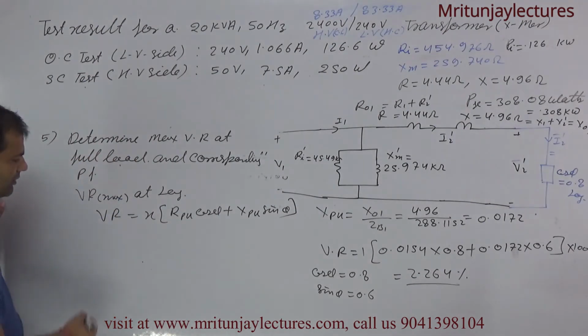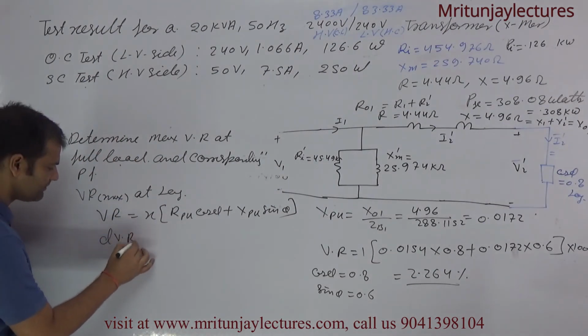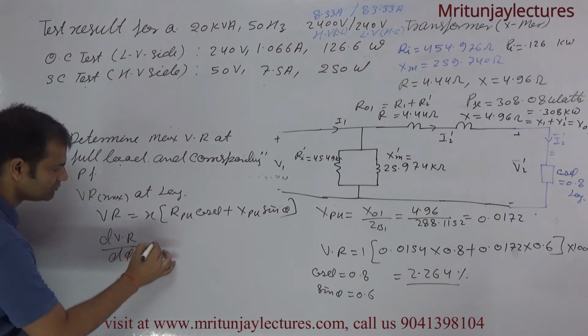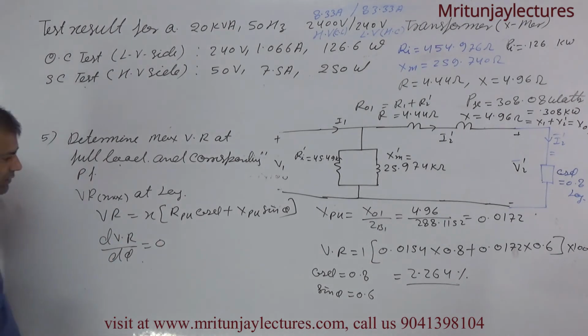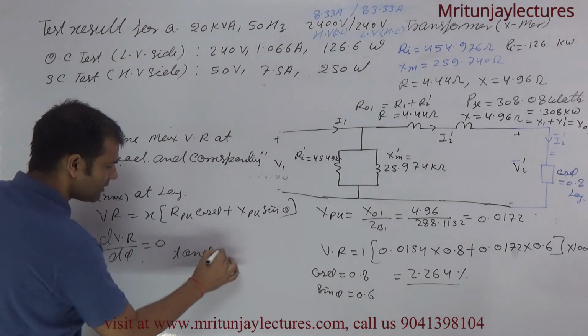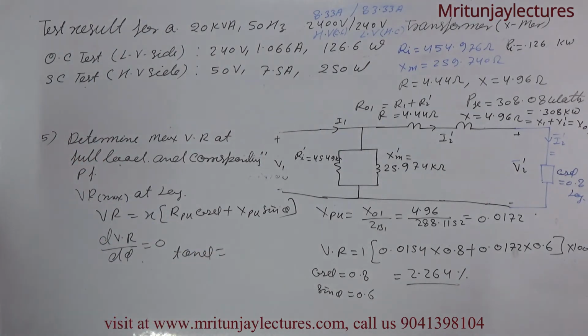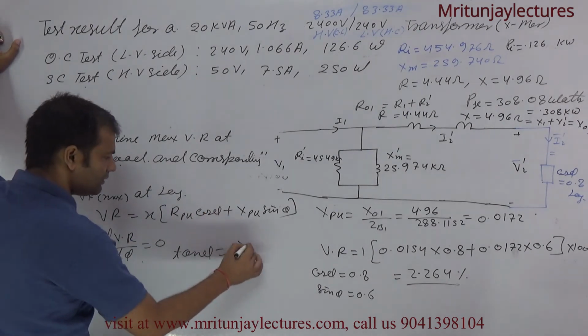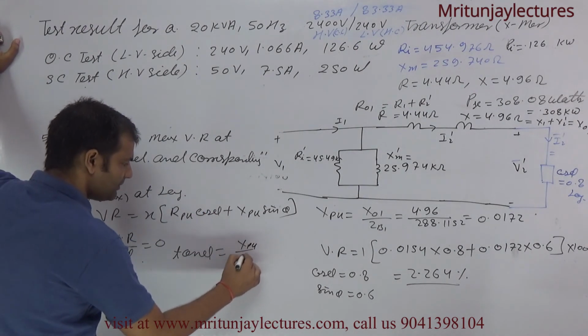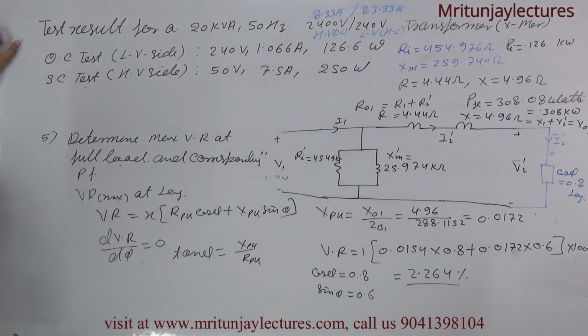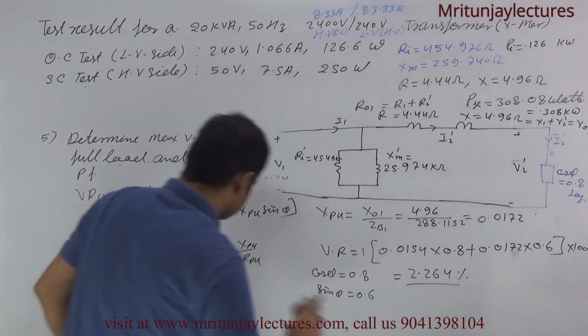For maximum voltage regulation, the derivative is equal to 0. We got tan phi equal to XPU divided by RPU. If any doubt, then differentiate it.